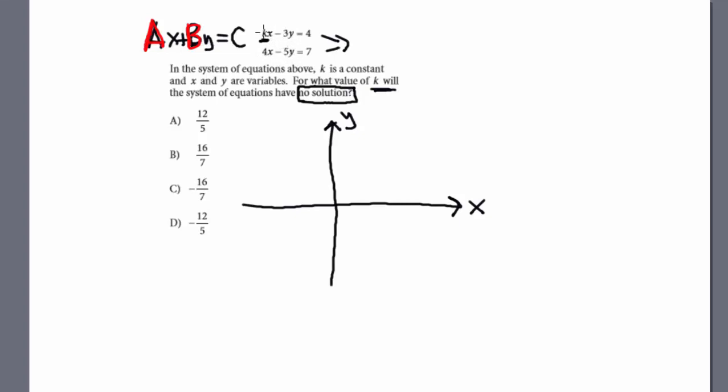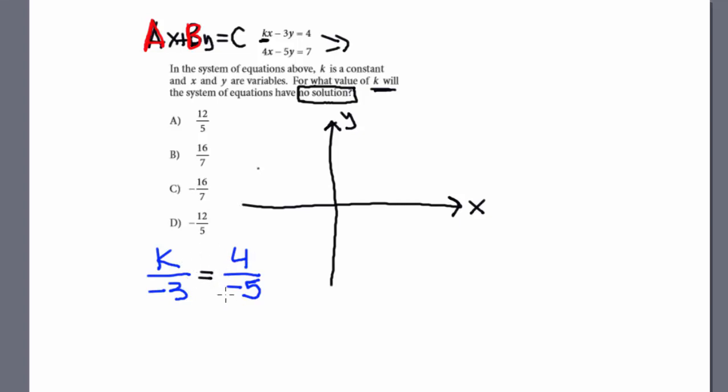That means I can look at k and -3, and I can write down the ratio k over -3, okay? And I can look at 4 and -5, and I can again write down the ratio 4 over -5. And if these two lines have the same slope, these two ratios must be equivalent.